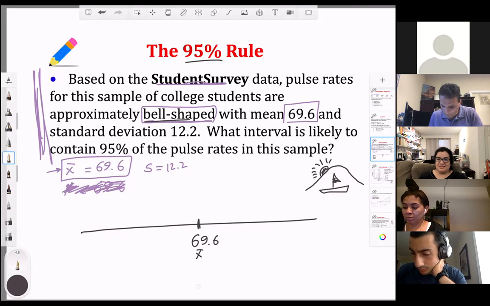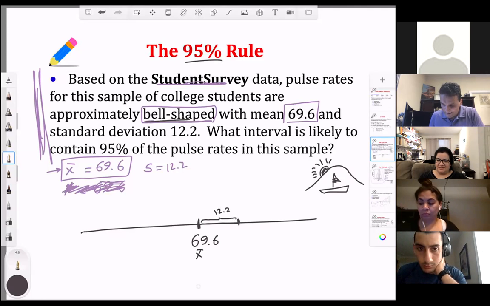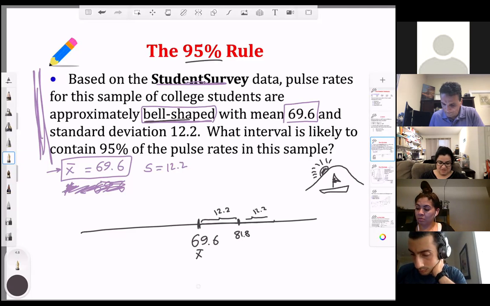We're going to go 1 standard deviation here. What is the standard deviation? 12.2. If you add it, what do we get? 81.8. Very nice. You have to add another one, 12.2. What do we get? 94. Exactly.